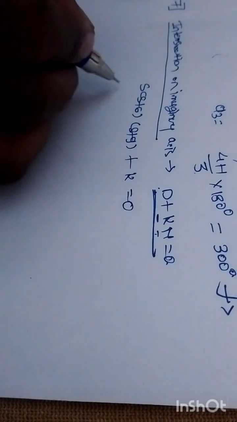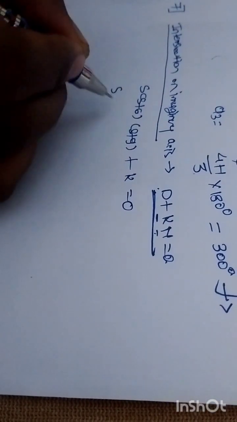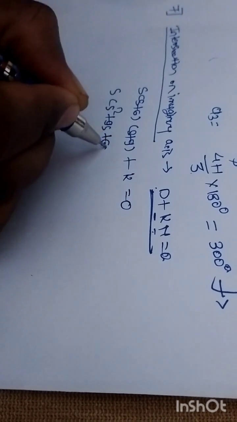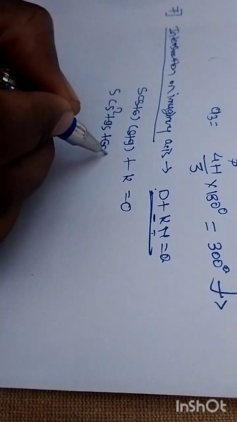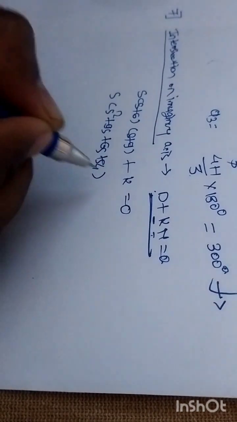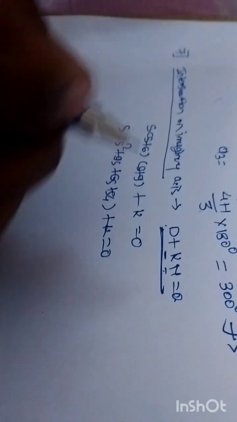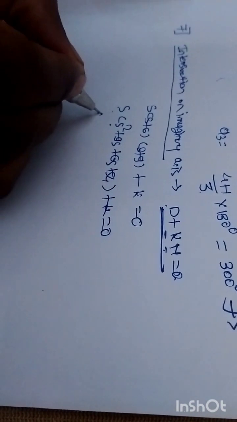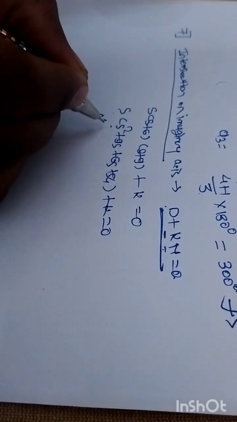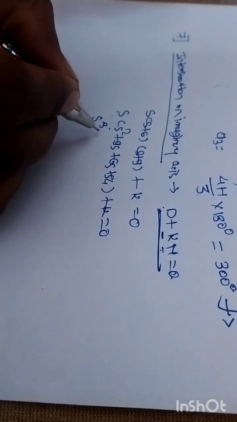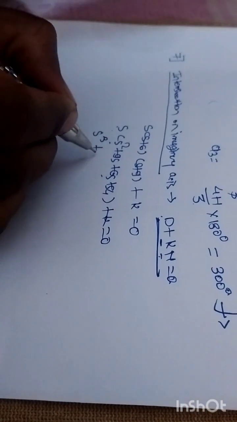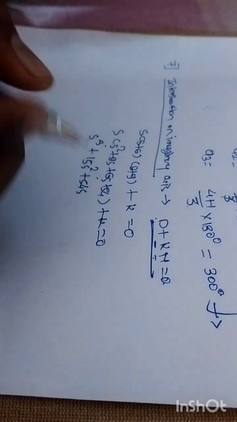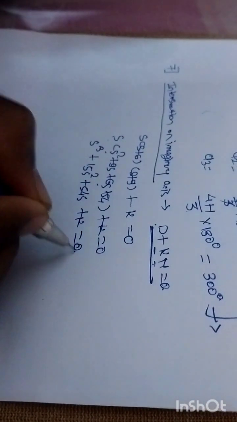So s into (s square plus 9s plus 6s plus 54) plus k equals 0. When we multiply s with the whole parenthesis, it will become s raised to 3 plus 15s square plus 54s plus k equals 0.